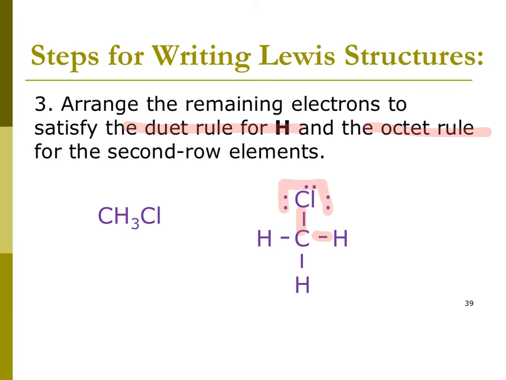Once you figure out how to satisfy the octet rule, you do want to double check that you haven't exceeded the total number of valence electrons available. If you have, you're going to need to pull in some double or triple bonds. You can also use a shortcut known as needed, available, shared in order to calculate the number of bonds. You're going to want to try to get the octet rule satisfied with the exact number of electrons available.